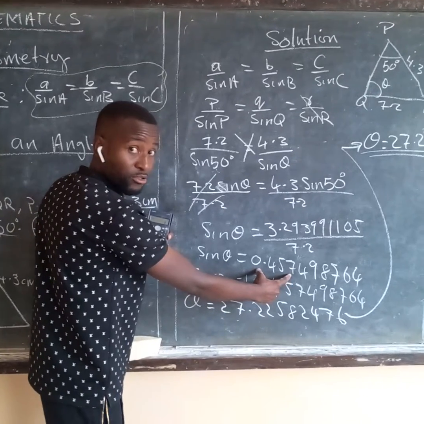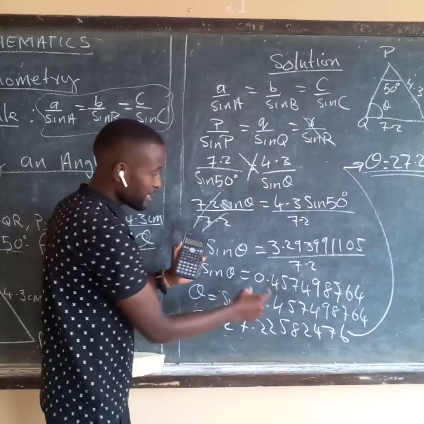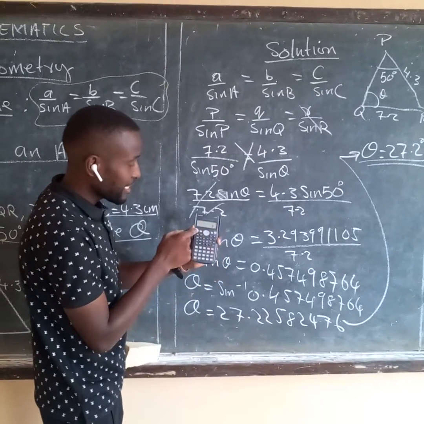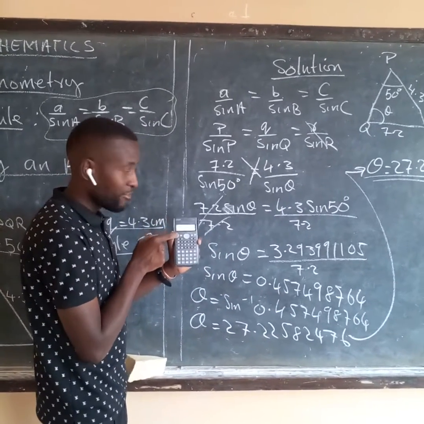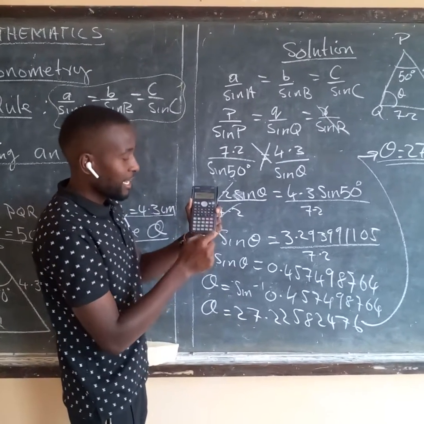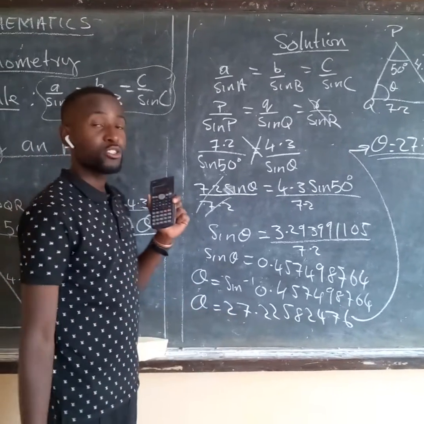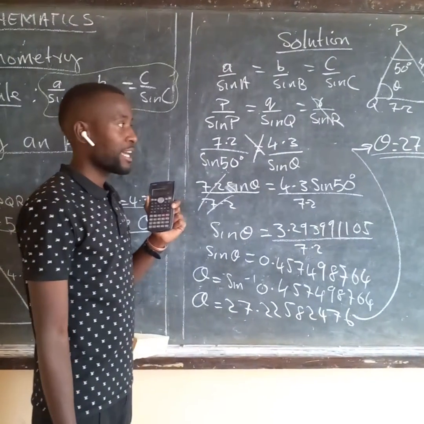Don't erase this answer on your calculator. While the answer is showing on your calculator, just click shift here or second half and click sine, which is on your calculator, and click equal to, and automatically you're going to get 27.2 degrees, and that will be the answer.